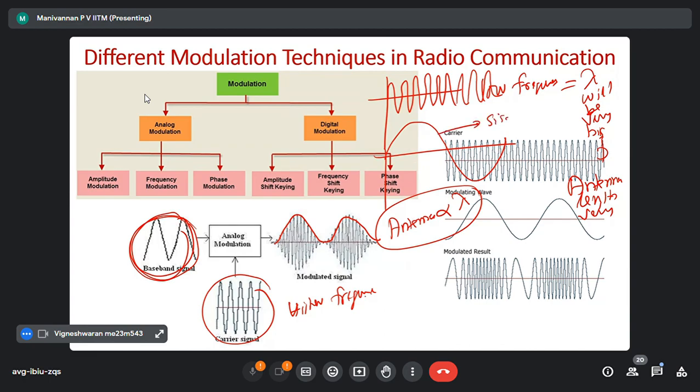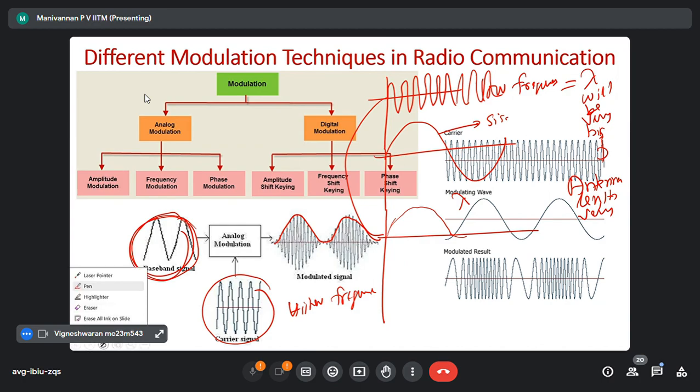Now what I'm doing is transmitting the modulated signal. Modulation means what I'm doing; please see it, then you will understand. This carrier, this amplitude, one minute, I just want to draw it properly, then you will understand.